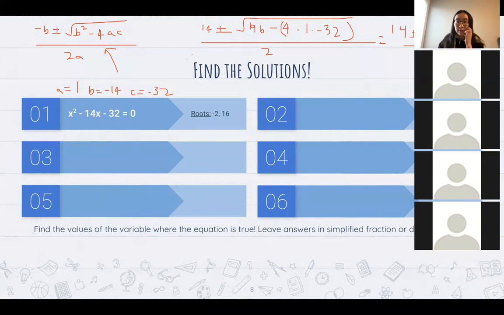Okay, everything over 2. 4 times a times c. Oh, I accidentally made the minus a plus. That's where it went wrong.